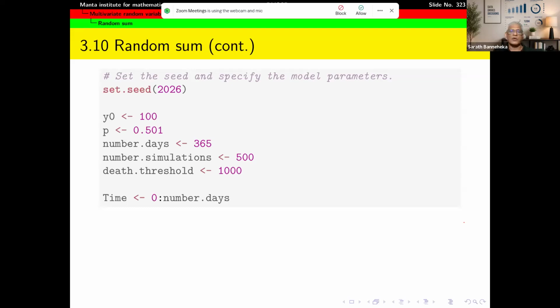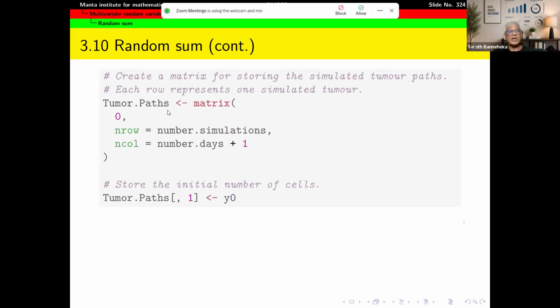Then we will look at, out of these 500 possibilities, how many have an actual number of cells greater than 1,000. So that will give you the probability of death out of these 500 as an estimate. So the time I'm going to consider is from 0 to the number of days, 365, and then generate these tumor paths according to this mechanism.